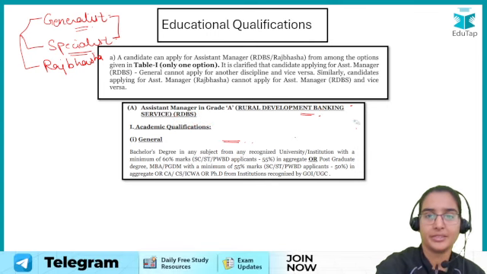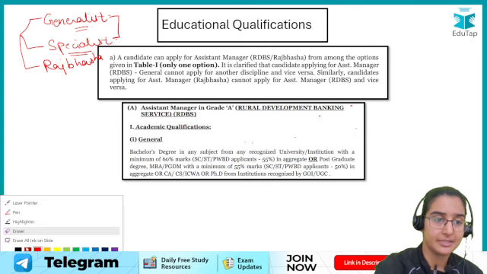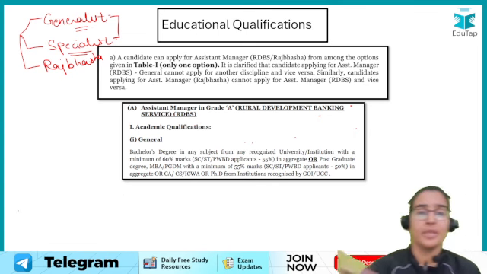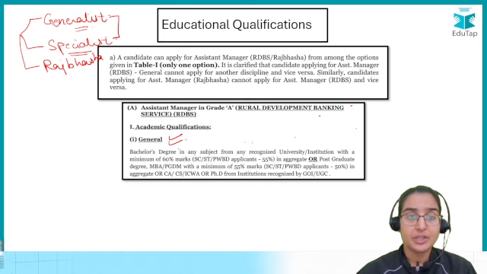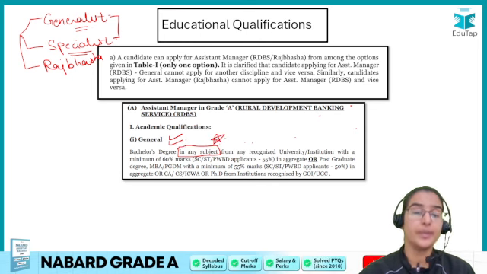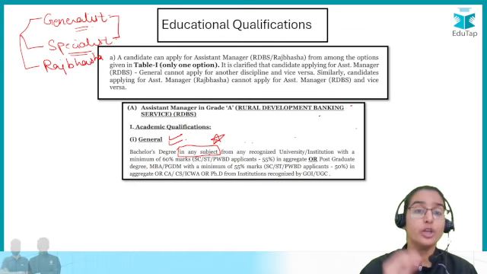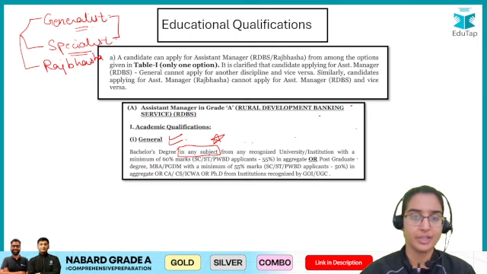Okay, now as far as the generalist stream is concerned, a bachelor's degree in any subject, if you are appearing for the general stream, bachelor's degree in any subject, right? So this is one very good aspect, that you can be a graduate in any subject to be eligible to appear in the NABARD Grade A examination from any recognized university.